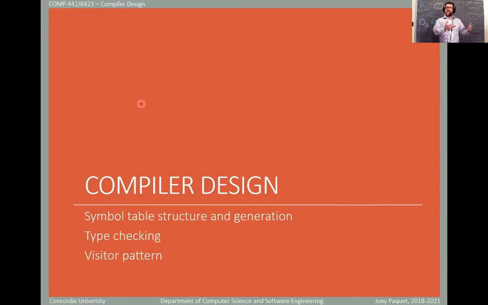If you did not have a tree, you could inject semantic actions to generate the tables, then inject other actions to do the type checking, and then other actions to do the code generation. The difficulty with that is that you are loading up your parser with more and more semantic actions, and at some point it becomes very hard to manage, especially if you want to have different phases.